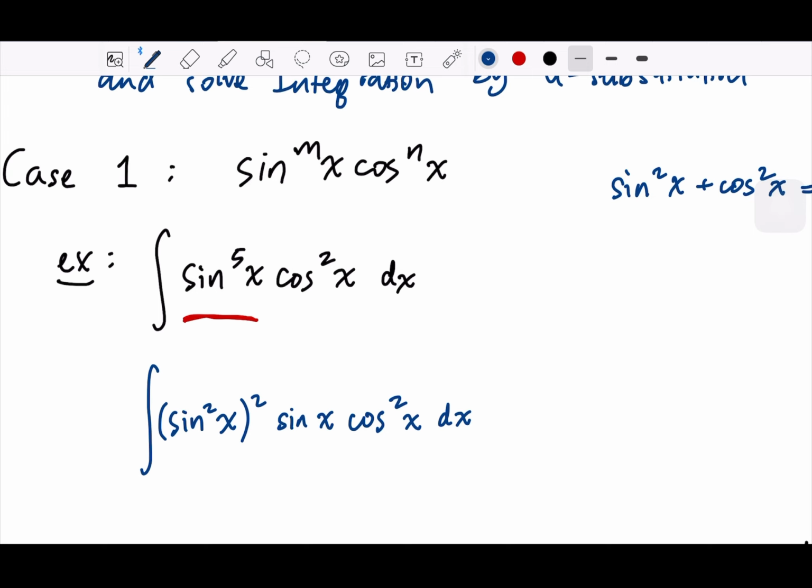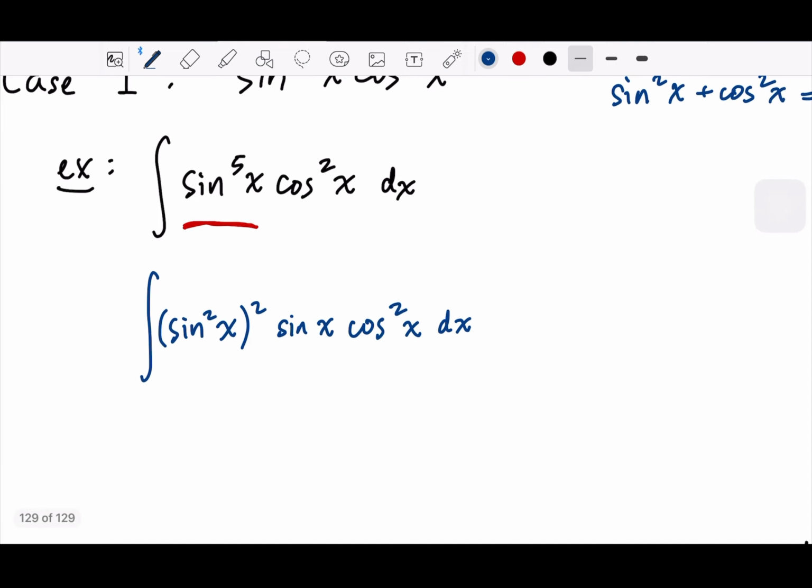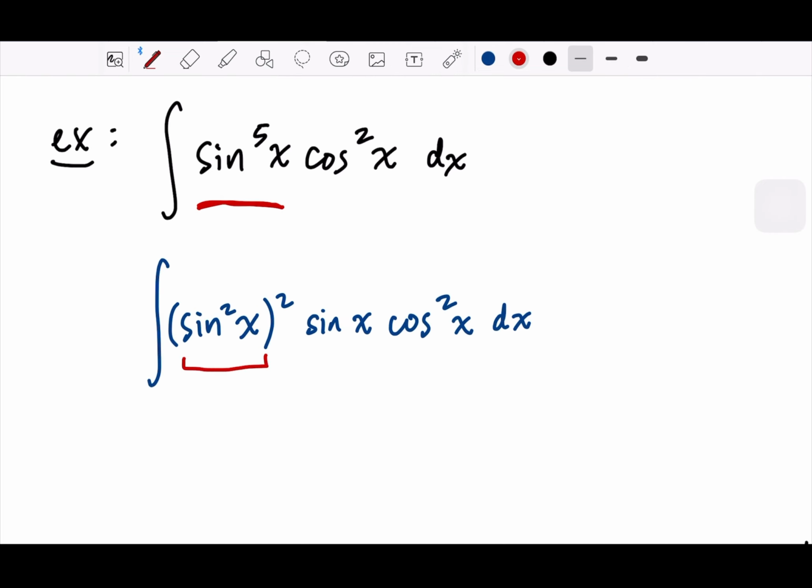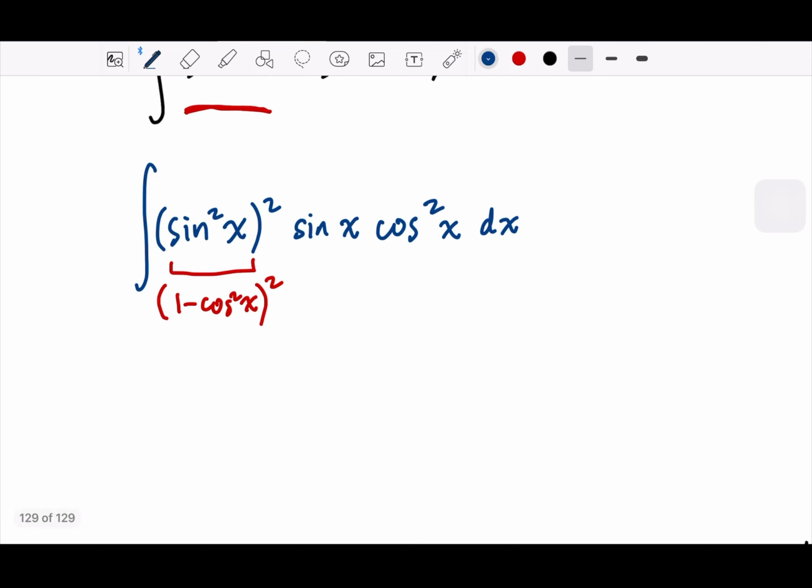The next is this part inside the squared, the sine squared. We can rewrite this as 1 minus cosine squared x. So 1 minus cosine squared x and then squared, and then we have cosine squared x and then sine x.